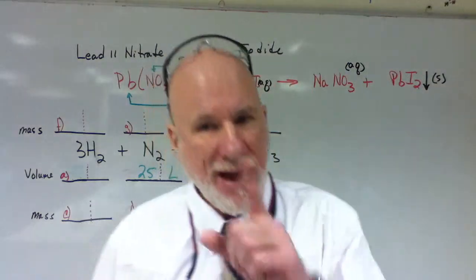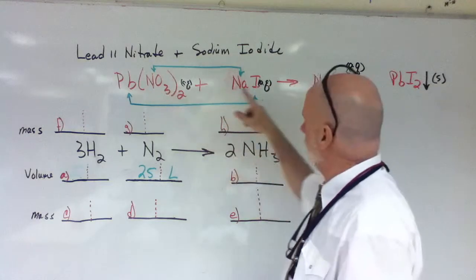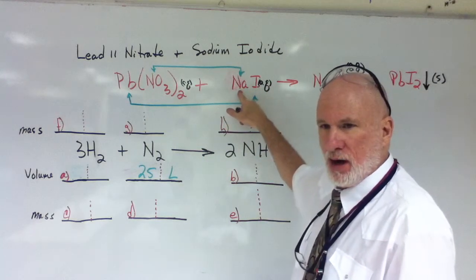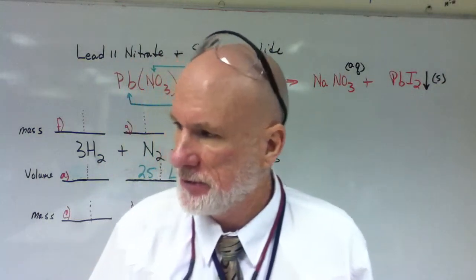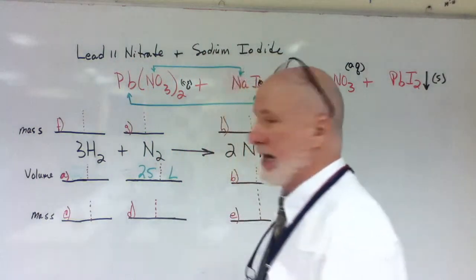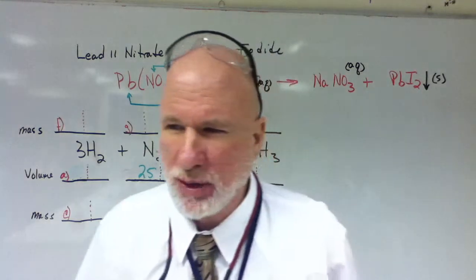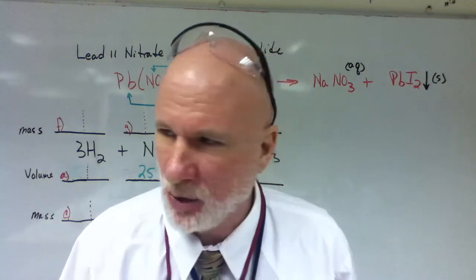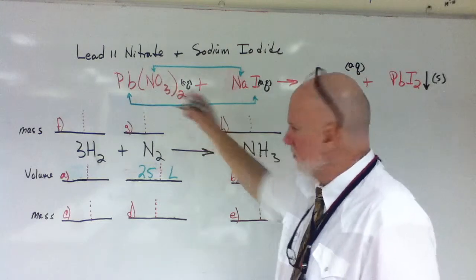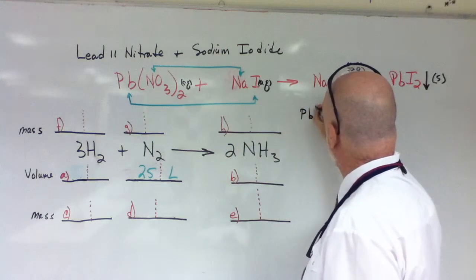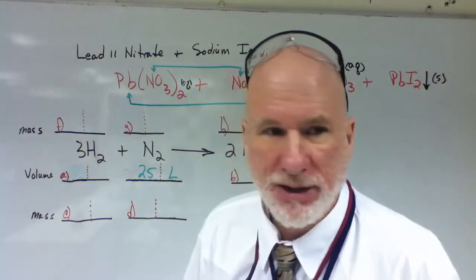As a matter of fact, the nitrate and the sodium are what we call, do you remember, spectator ions? And the net ionic reaction, where we see the actual chemicals involved in the chemical reaction, is going to be lead plus 2 plus iodine, right?